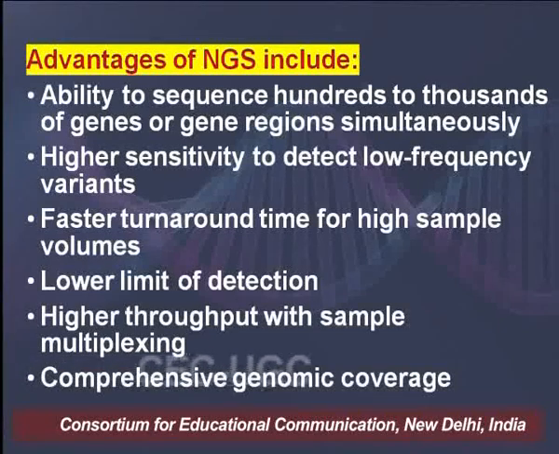It had higher sensitivity to detect low frequency variants. It was very fast for high sample volumes. It had a much lower detection limit, it allowed sample multiplexing, and we'll talk about multiplexing a lot more in detail, and it allowed comprehensive genomic coverage.